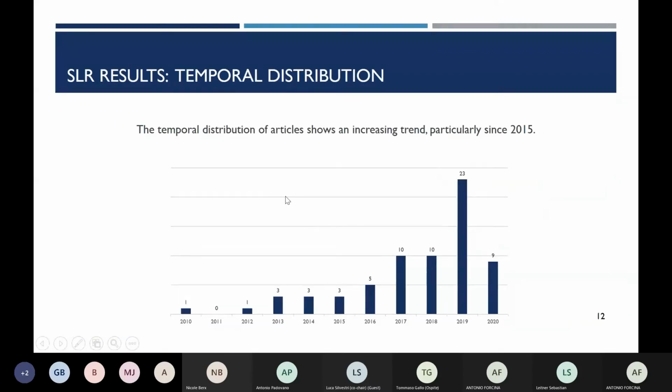The temporal distribution of the articles shows an increasing trend, in particular from 2015, and it should be considered, of course, that the results of the current year are not complete since they were extracted in June 2020.